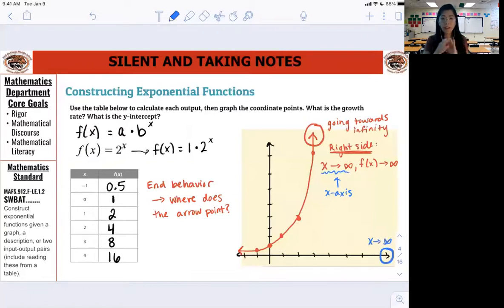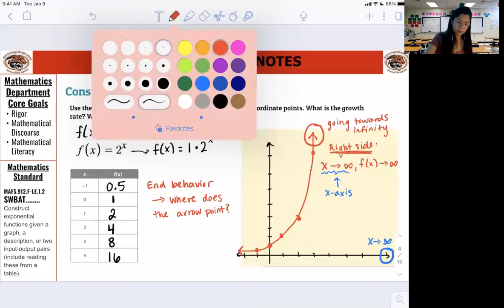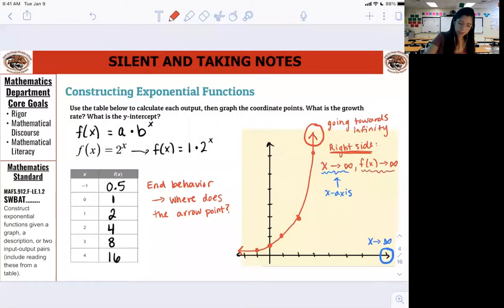So that's all that means. This is just telling me where to look. This is saying on the right side of the graph, so when x is approaching positive infinity, what is the function doing? We already said the function is approaching infinity. It's going up. So on the right side of the graph, my function is going towards infinity.